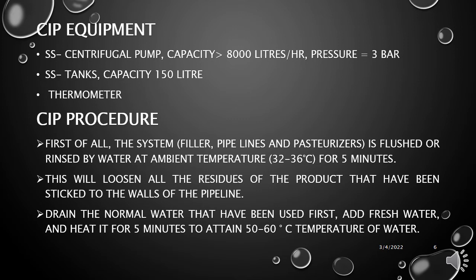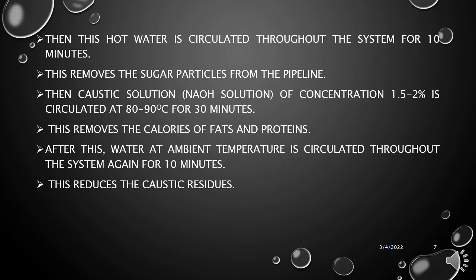After loosening the residues of the product, this simple water should be drained and then fresh water added and heated for 5 minutes in order to attain a water temperature of 50 to 60 degrees Celsius.